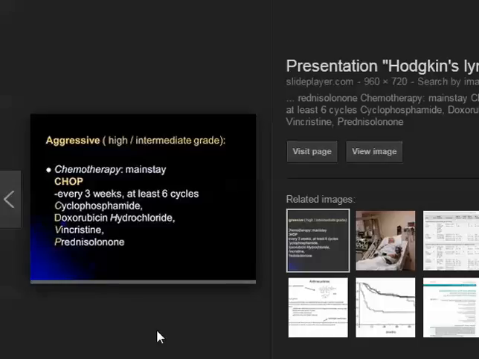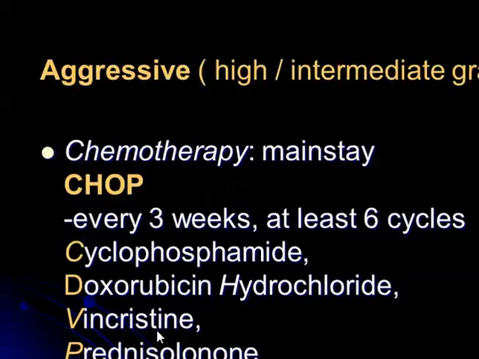Anyway, CHOP: cyclophosphamide, doxorubicin or daunorubicin, or hydroxydaunorubicin. There you go. Vincristine and prednisone. So that's CHOP, which is often used with rituximab for non-Hodgkin's lymphoma.